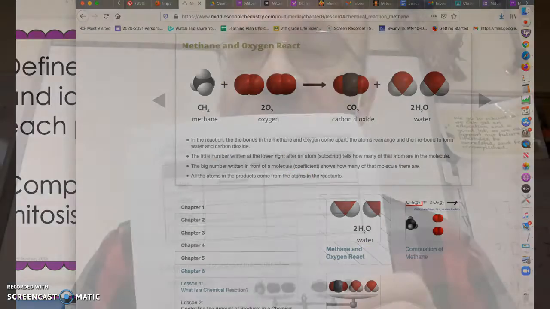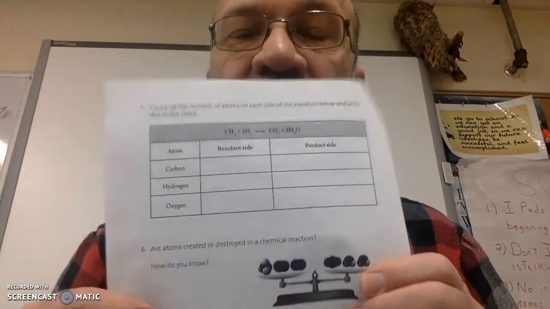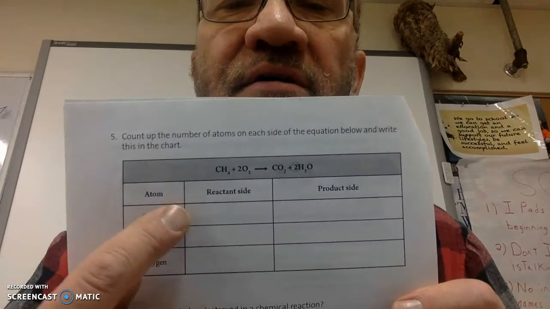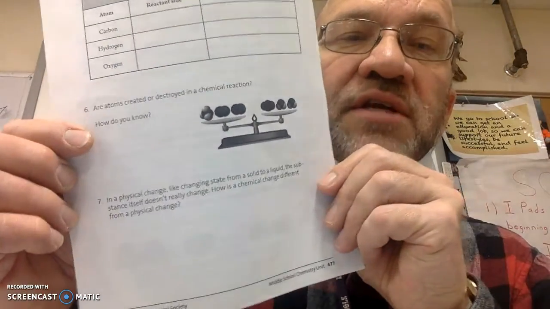So this is really a review of what we've done, breaking out all of these atoms and listing how many of each. The reactants, remember, are on this side. The products are on this side. So you're pulling out all the different atoms from here, listing how many there are, and this side as well. Okay? And answering on the sheet.